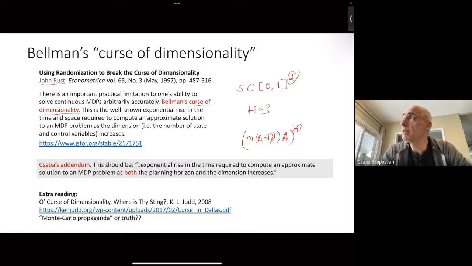And what does it mean for practice? It also means that you should look at your problem, and if you're able to reduce, for example, the horizon, and people have probably heard about options and whatnot, which could be interpreted effectively as reducing the horizon. These are macro actions that take multiple time steps.